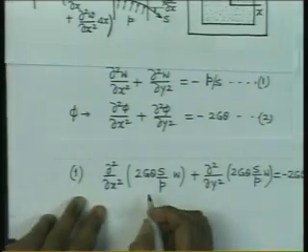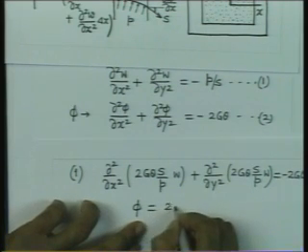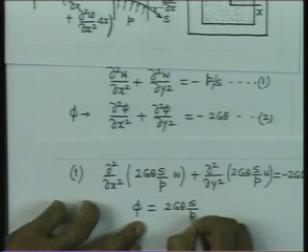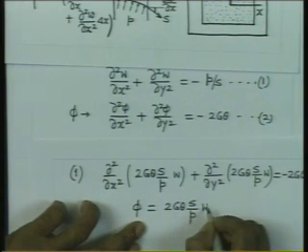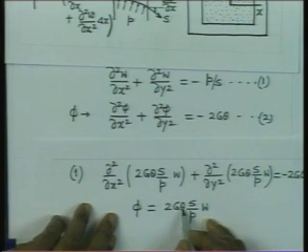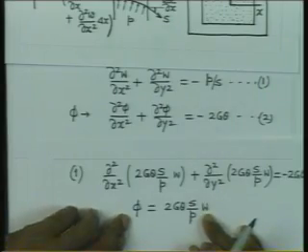So, herein what it means is that phi is equal to 2GθS/P times w. Herein all are constant, G is a constant, theta is also a constant, S is a constant, P is a constant. So, therefore, this phi is linearly related to w.